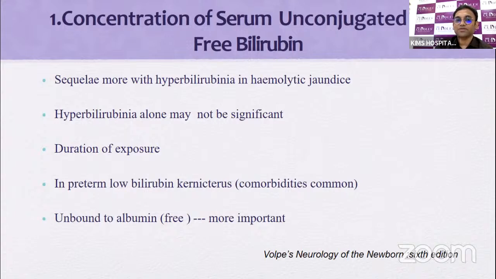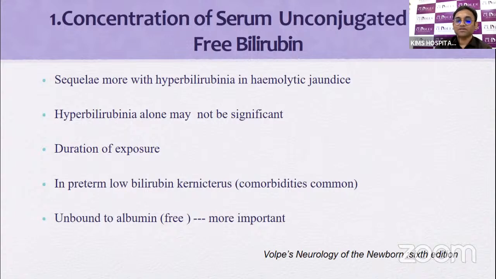We have seen many babies with very high bilirubin levels around 25, 30 who still did not develop neurological dysfunction. So it is not just the presence of high levels; the duration for which they are present in the body also determines neurological dysfunction.